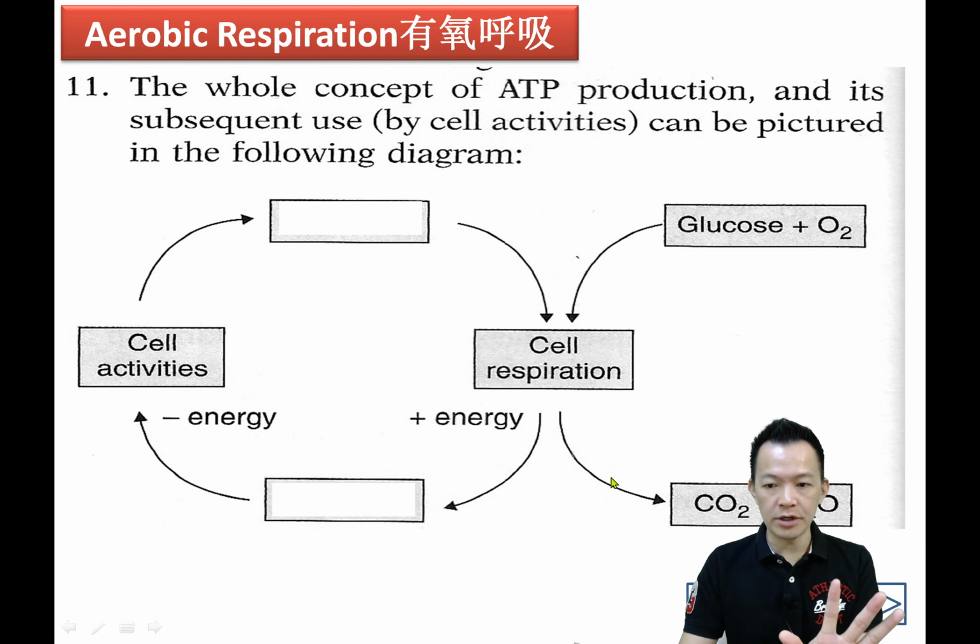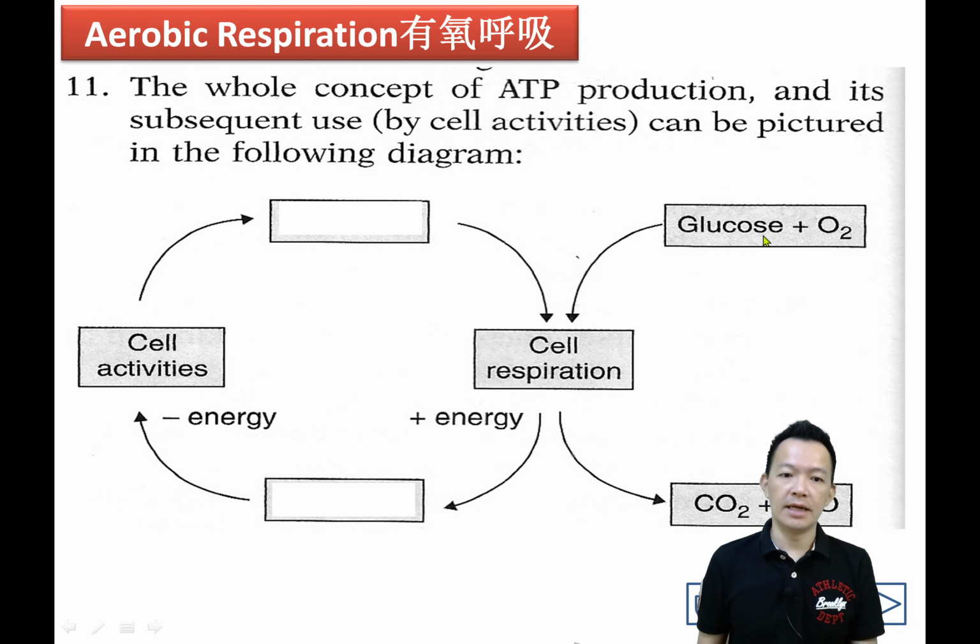For this diagram, it is not available for you. You do not have this picture. So this is the diagram I want to help you understand with. What is the whole process of aerobic respiration?